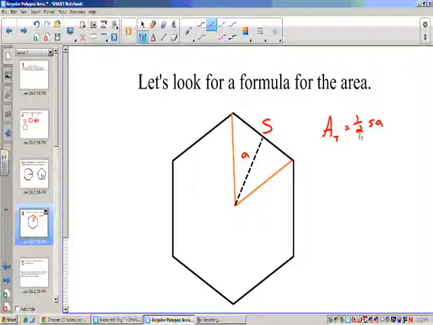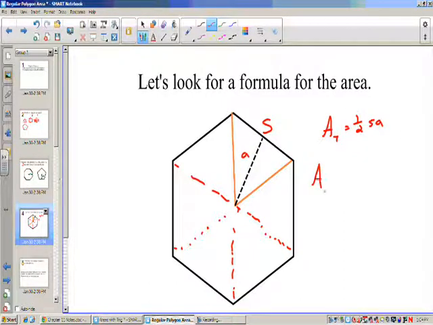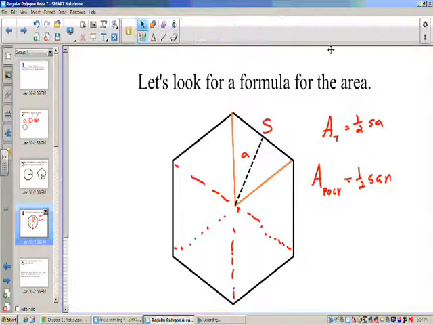Now what we have to do is count up how many of these triangles there would be in a polygon. In this polygon, where there are 6 sides, there will be exactly 1, 2, 3, 4, 5, 6 triangles. So if it has n sides, there should be n triangles. So the area of my polygon will be 1/2 the side length times the apothem times the number of sides.